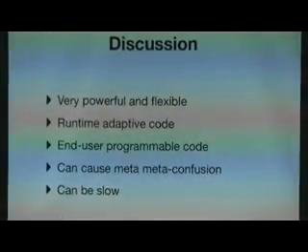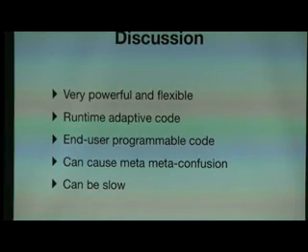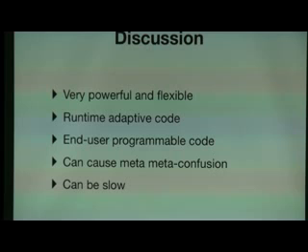It becomes end-user programmable, so you can give, for example, administrators the possibility to change certain aspects of your application. But it is again a bit more complicated to work with, right? You can get meta confused. And again, it can be slow.